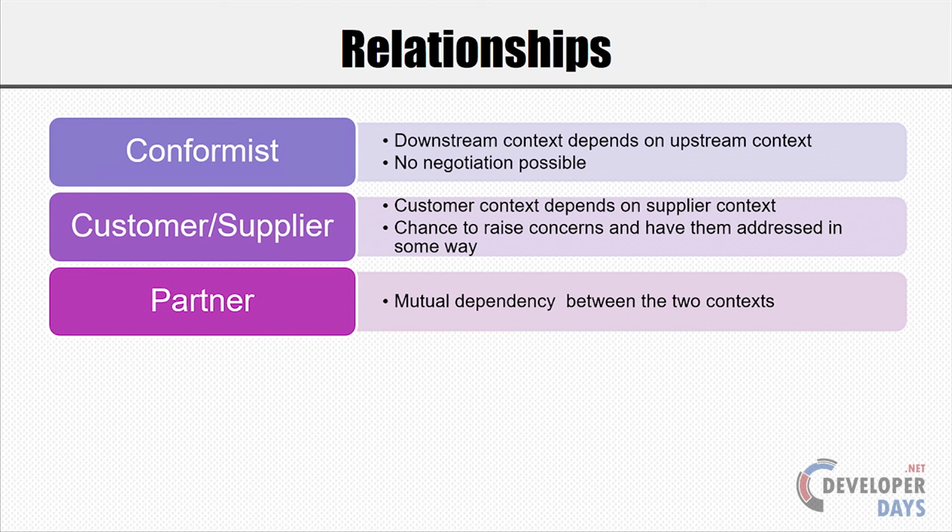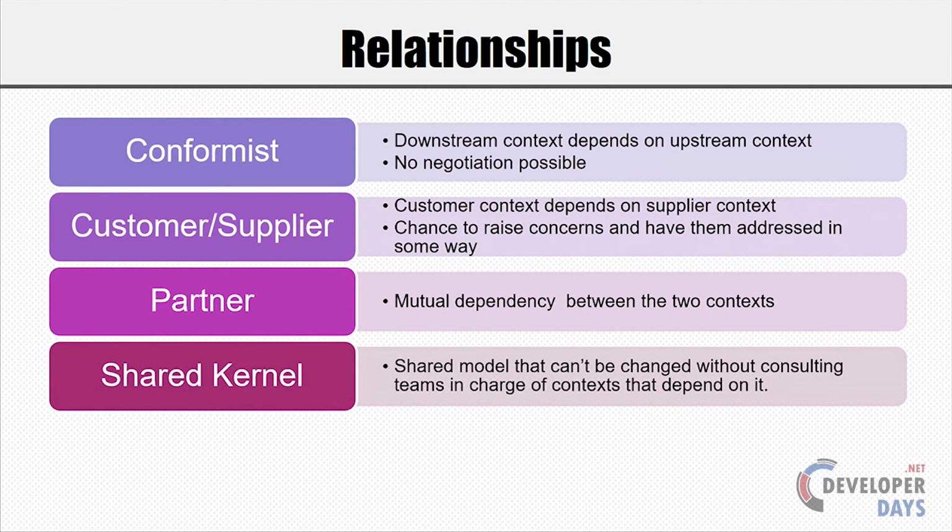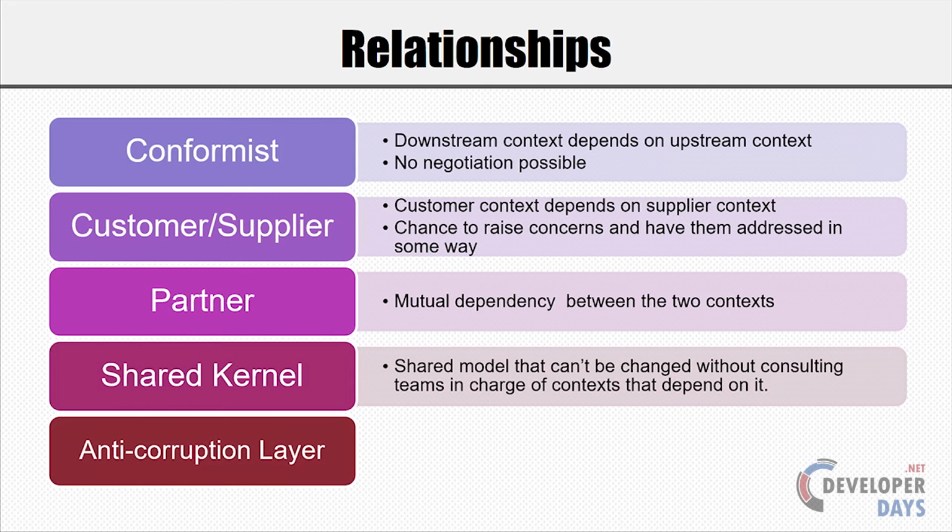And it's called the partner, mutual dependencies between the two contexts. Shared kernel is when there is overlapping between bounded contexts and some code must be created and shared by both. The classic shared class library, and the team that is in charge of that is in partner with all other bounded contexts that use that. So it's a partner to the maximum power.